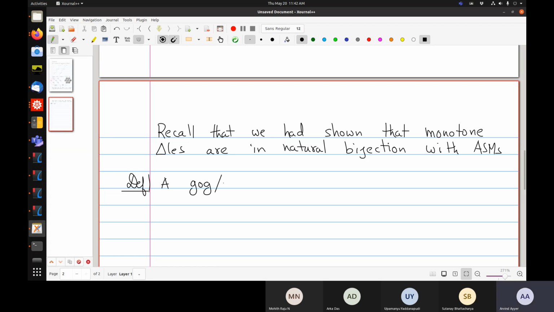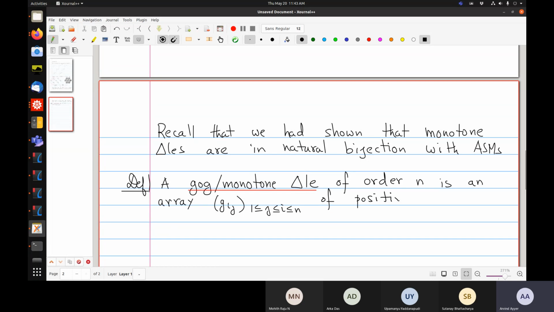gog, or a monotone triangle of order n, is an array G_ij, G for gog, 1 ≤ j ≤ i ≤ n, of positive integers satisfying.